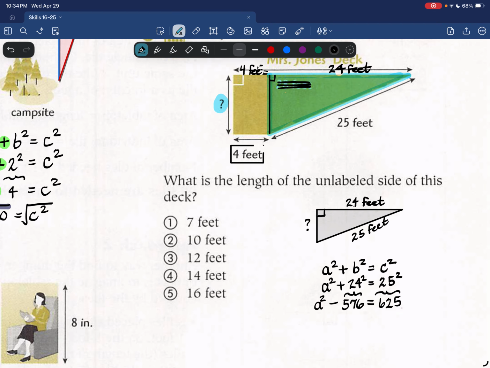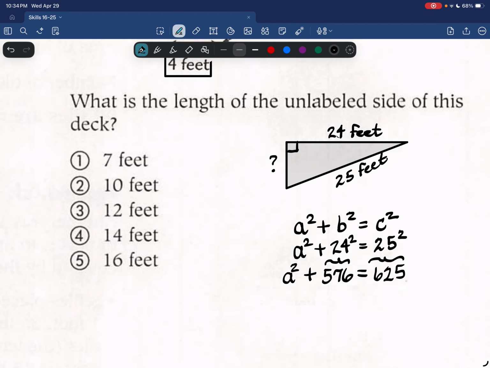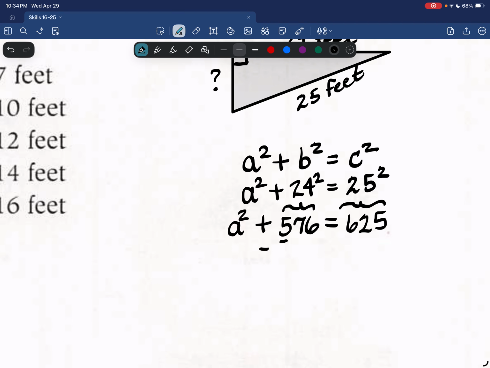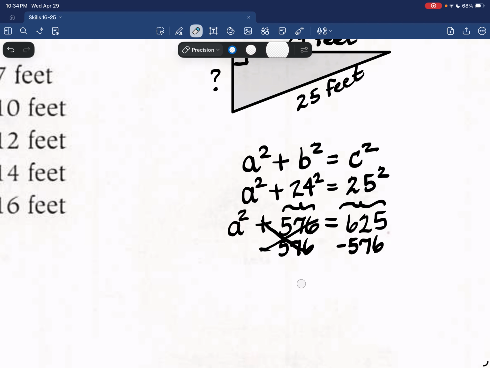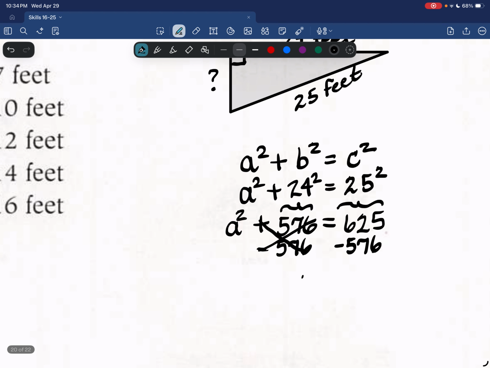Going to carry that other leg down. And then I'm going to subtract the 576 and the 576. This cancels. So I have a squared equals, I know it's small because I can look at the diagram and tell that it's small. 49.